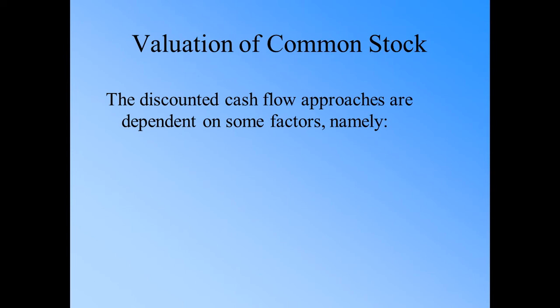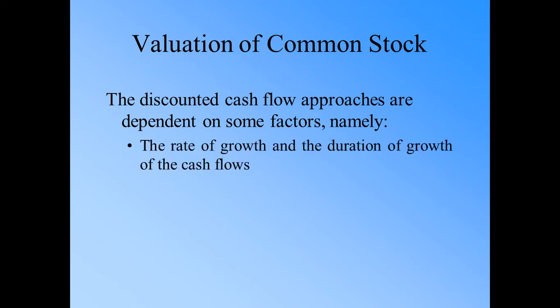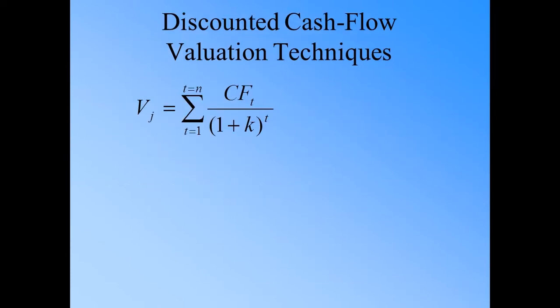So the very first approach is to discuss the valuation of common stock by using the discount model. The discounted cash flows approaches depend on some factors, that is the rate of growth and duration of the growth of the cash flows, and the estimate of the discount rate. So this is the formula of the present value of cash flows.